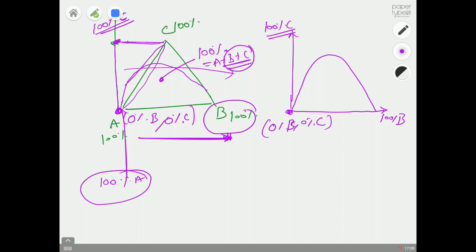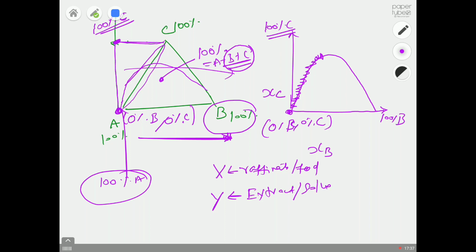So how to plot this one? First we need to plot XB versus XC. So you will get something like that. You will get your raffinate side. Whenever we talk the notation X, it corresponds to raffinate or your feed. And whenever we use the notation Y, it corresponds to extract or to your solvent.